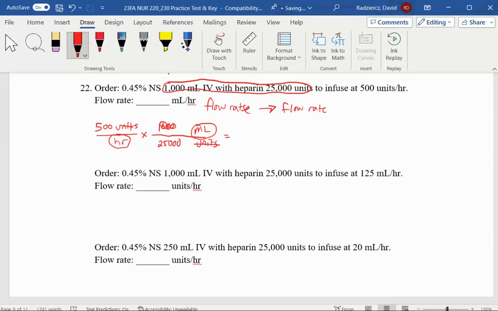You may not like dimensional analysis, but I can tell you that setting it up that way will help with these types of questions. So I'm going to take 500 times 1,000, which gives me 500,000, divided by 25,000, and I get an answer of 20 milliliters per hour.